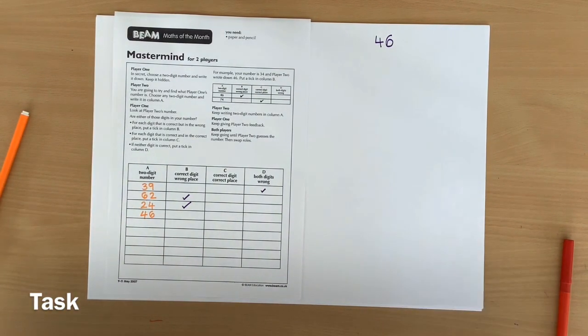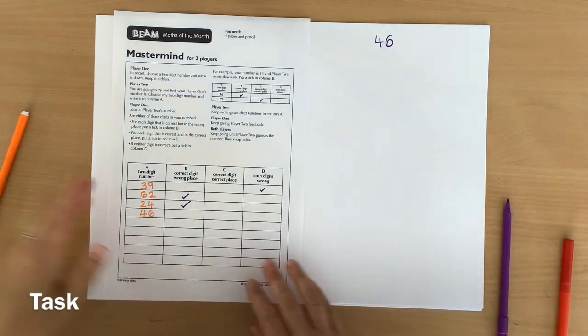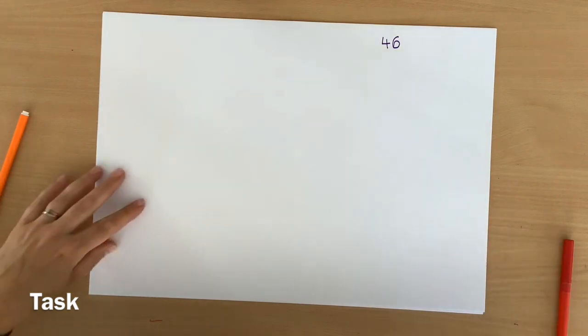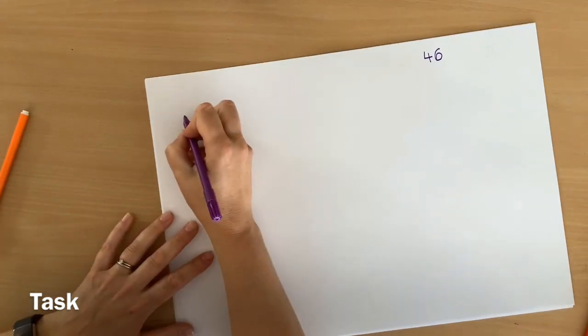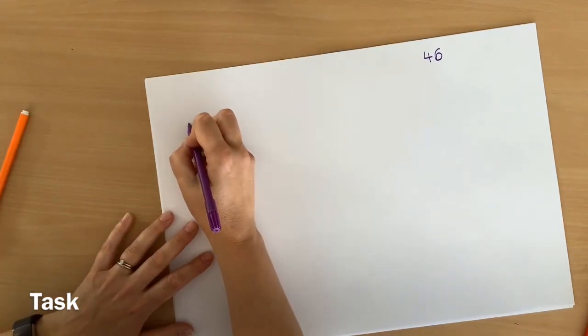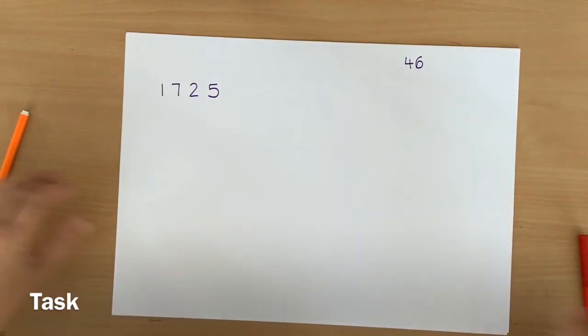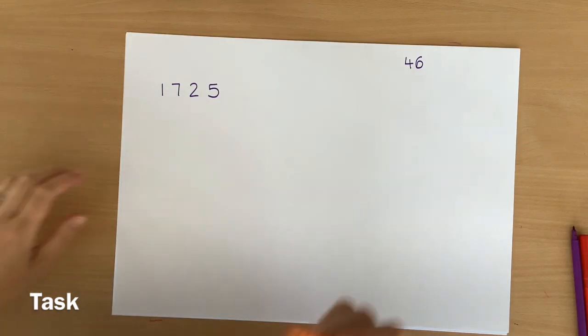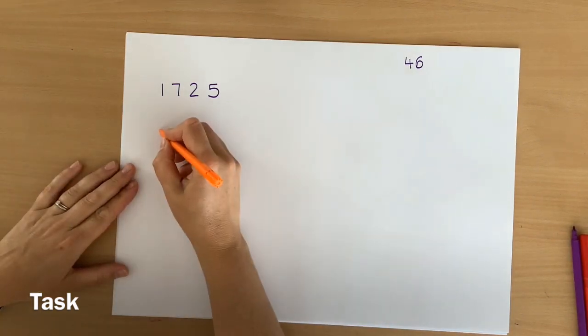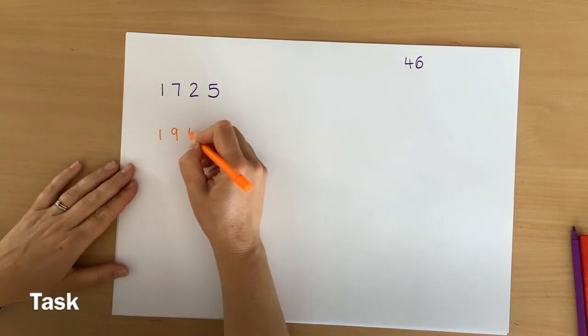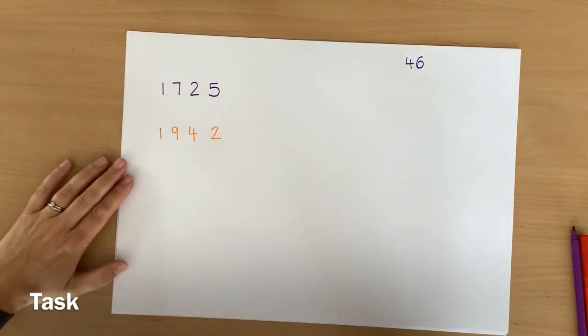Now, if you want to, the other thing you can do is you can do a bigger number. So you could say, okay, let's take a 4-digit number this time. So I've got 4 digits. And my number, again, you do have to keep it hidden, but let's pretend that I haven't. That's my number. Let's say the orange guess, first of all, is... okay.